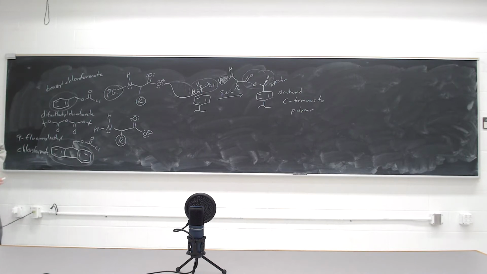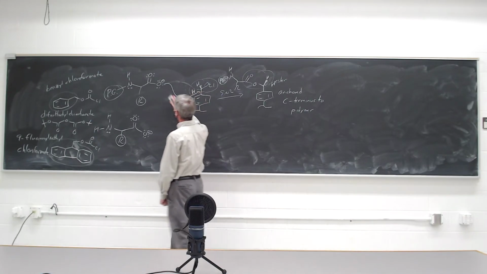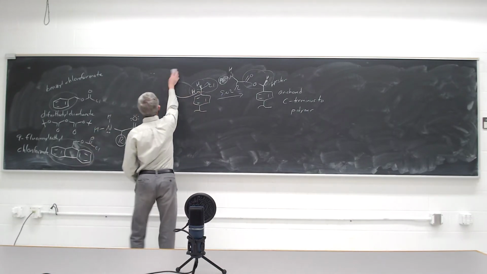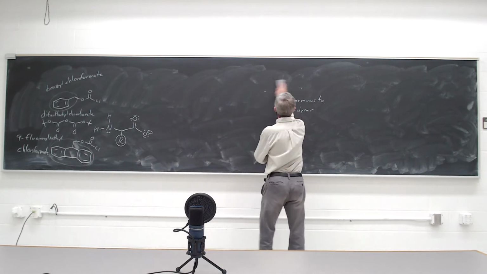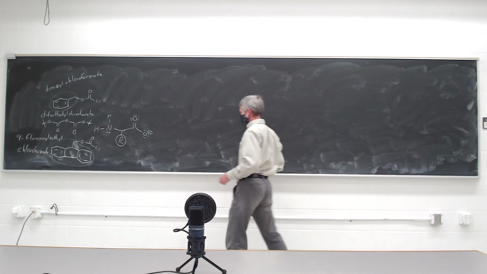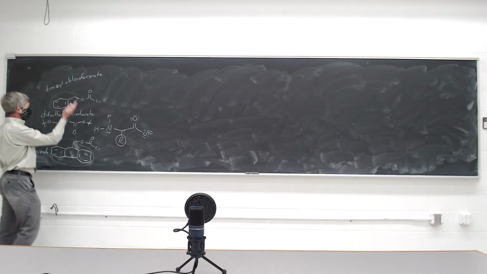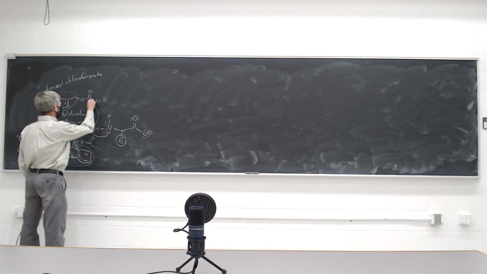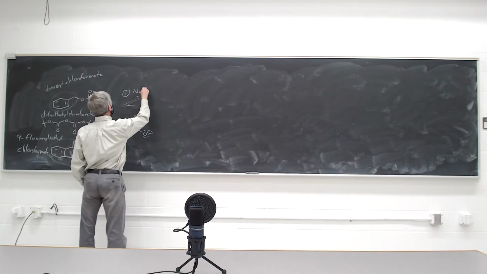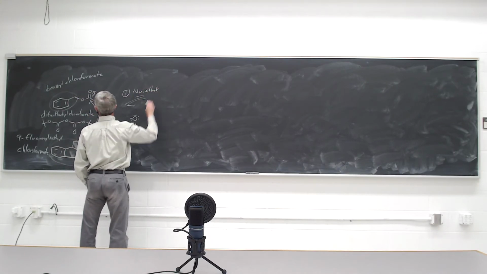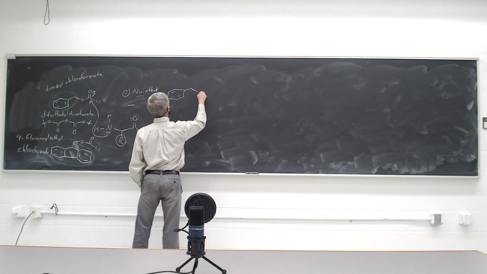So which one would you like to react with that NH2 group? I think if you know one of those mechanisms, you know them all. So let's use this one. So we do a nucleophilic attack on our carbonyl group.